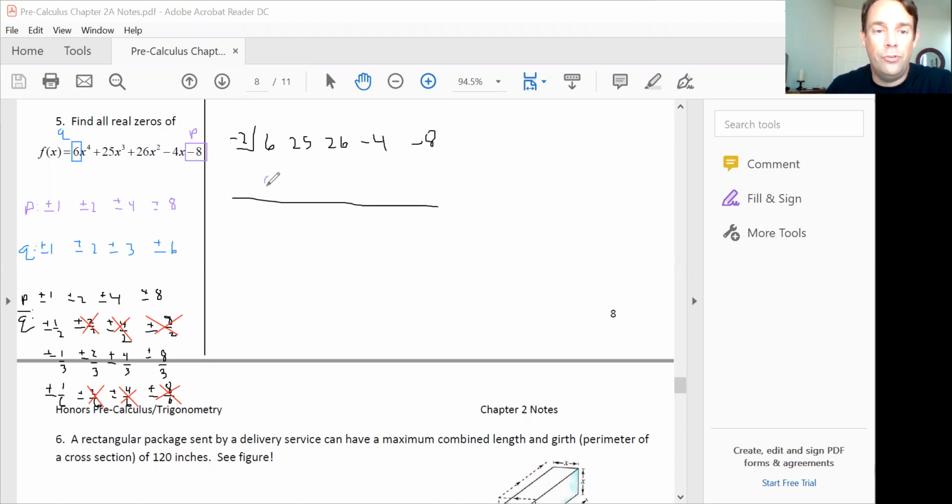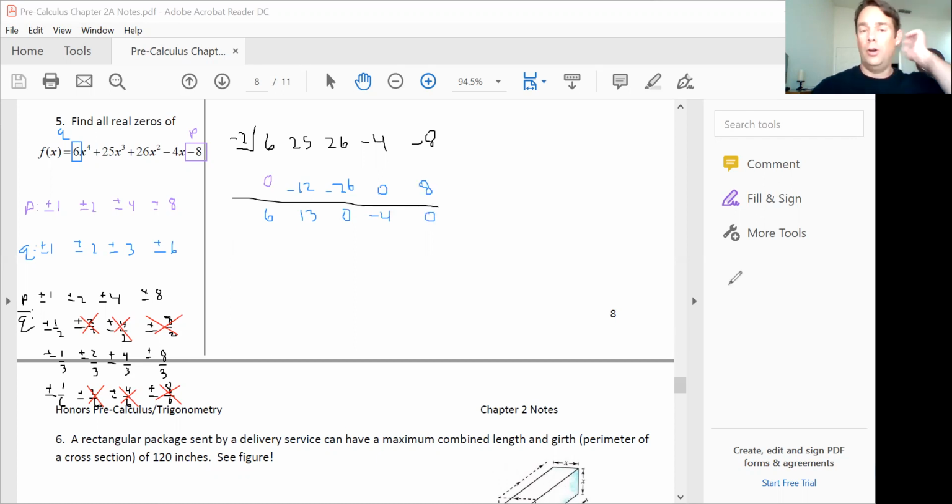and we'll put this over 0 as a placeholder, and we are just going to add straight down. So 6, -12, 13, -26. Well, that's not fun. We got a 0 there. Oh well. We got a 0, we got a -4, 8, and 0.